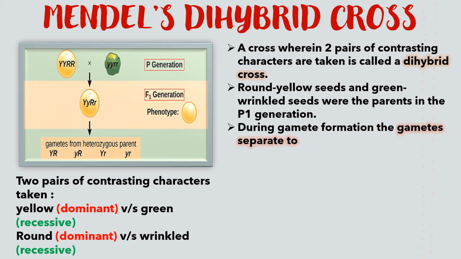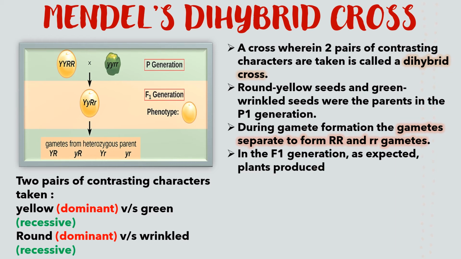During gamete formation, the gametes separate and they formed RY and ry gametes. Now, in the F1 generation, as expected, plants produced yellow rounded seeds.